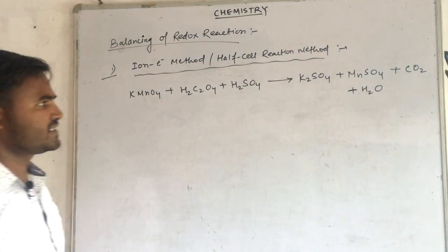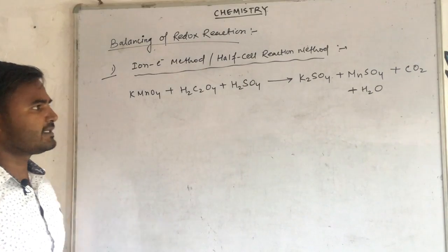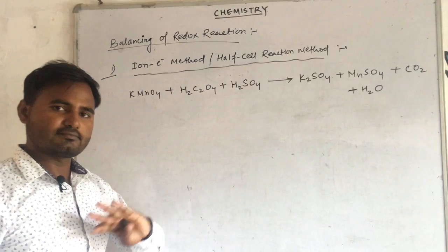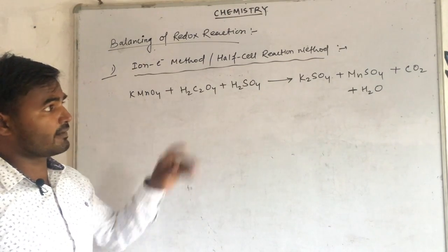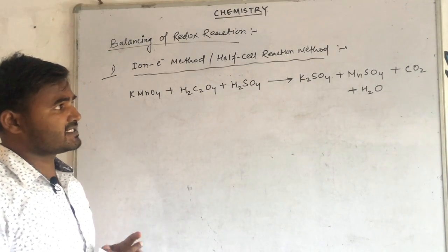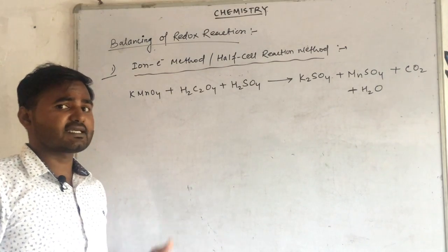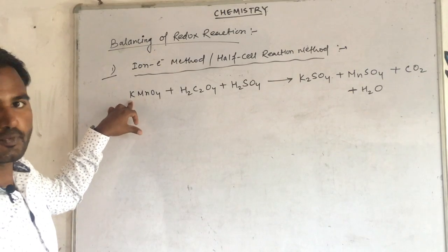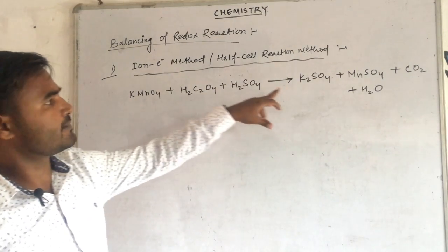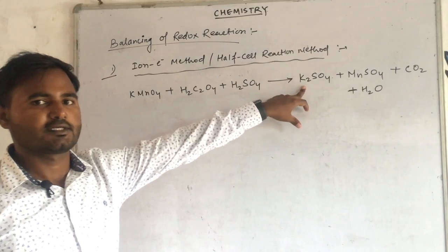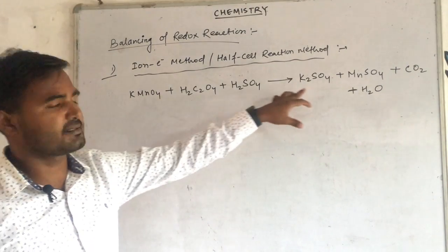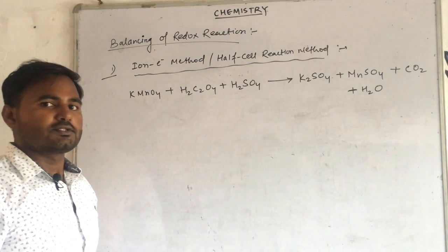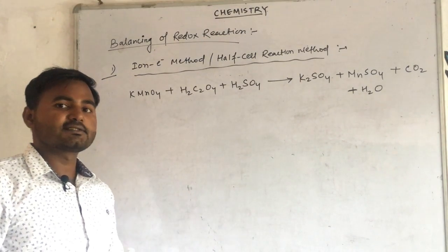This is a redox reaction, and I will explain why. Now I have to balance this. First I have to check whether it is balanced or not. I can see here potassium is 1 and here potassium is 2. So the atoms are unbalanced, that means the reaction is unbalanced. After that we will check whether it is redox or not.